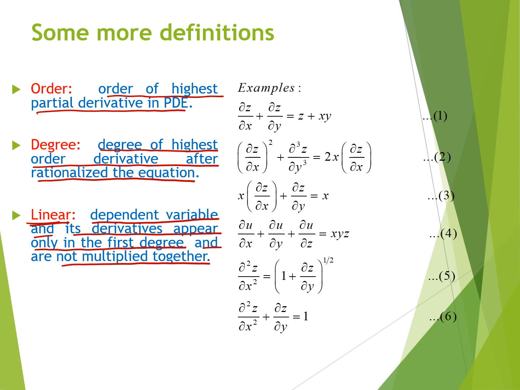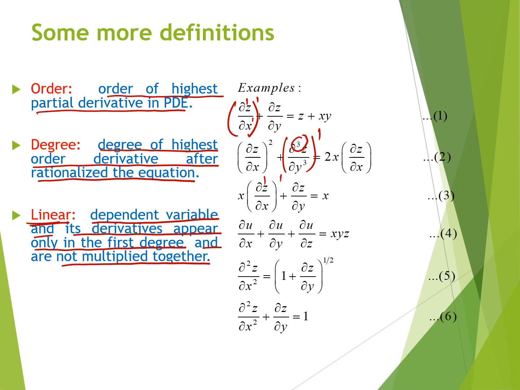Like over here, the order of the first equation is 1 and degree is 1. Similarly, in the second equation, the order is 3 and degree is 1. The order of the third equation is 1 and degree is 1.